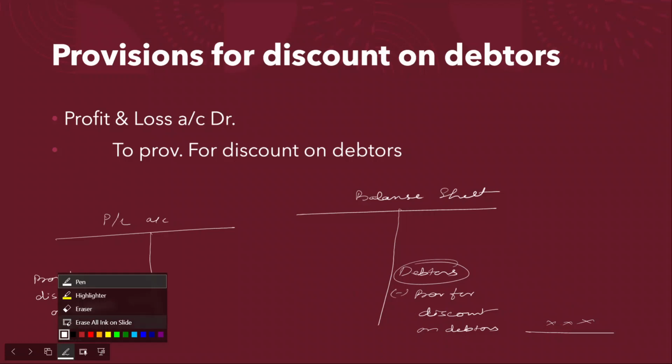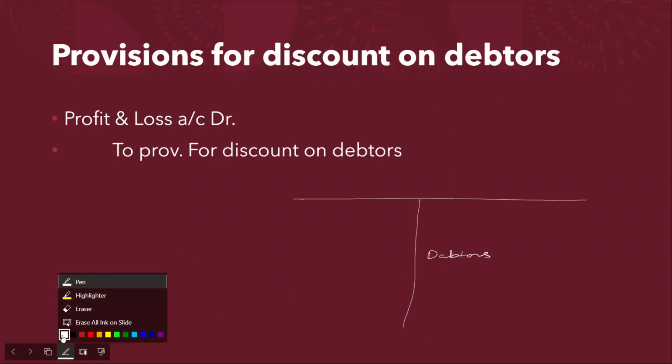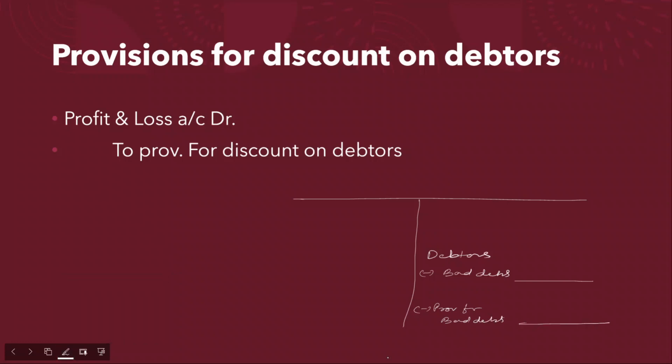So till now in debtors what and all we have deducted. Just for a quick recap, this is your deducted bad debts, then whatever amount you will get less provision for bad debts, then whatever amount you will get, then less provision for discount on debtors.